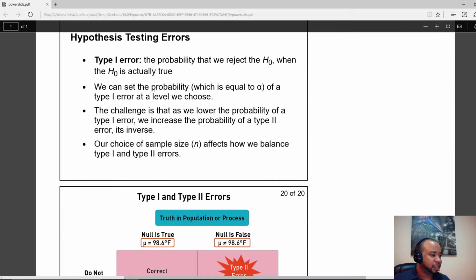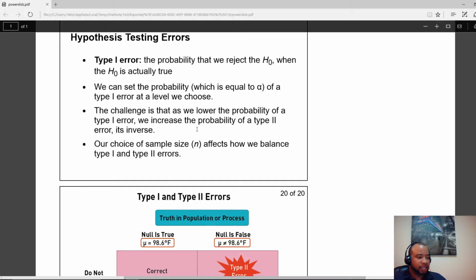So we can set the probability, which is equal to alpha, of the type 1 error at a level we choose. This is because if our alpha level is too high, like if alpha was set to 10%, we could get a type 1 error because if our p-value is like 6%, it's less than alpha. Are we just going to reject the null at that point? Theoretically, we can. Sometimes that's why it's best to set our alpha level at 1%.